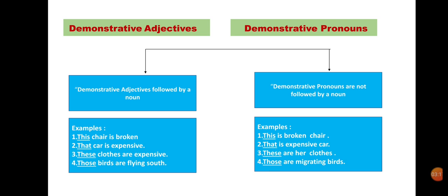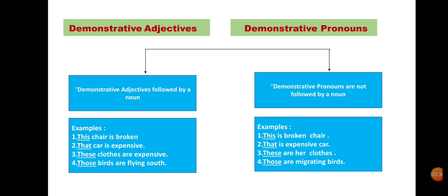First example, this chair is broken. And in demonstrative pronouns, this is a broken chair. In both sentences, this is used, but in the demonstrative adjective, this is followed by a noun, chair.